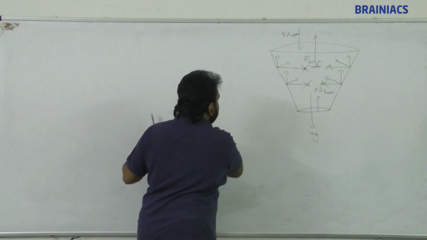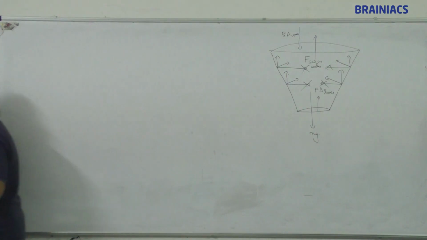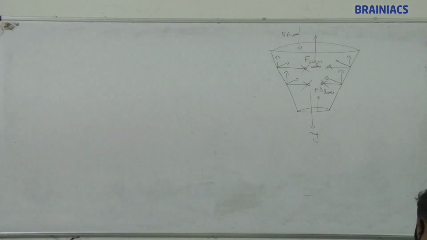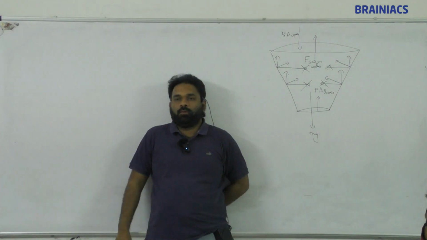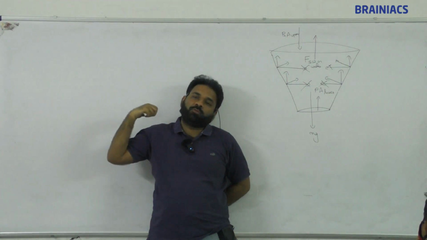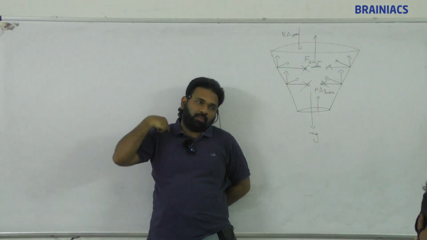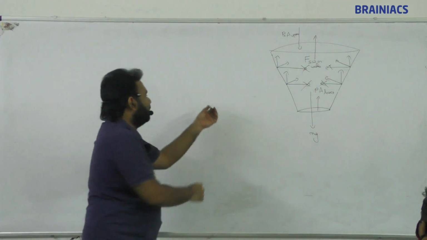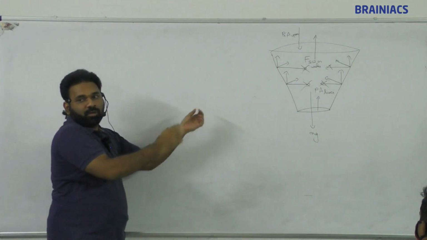Suppose I lean on the board, I am applying force on the board, and the board applies the same and equal force on me. What will be the direction of that force? Normal to the plane. That is the normal force.